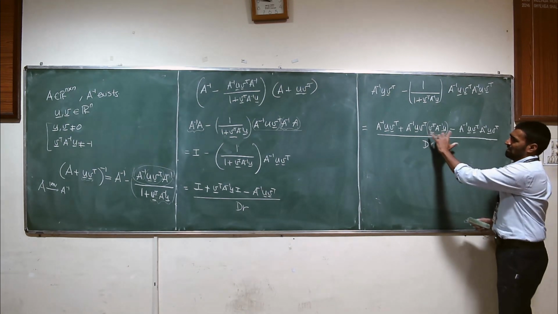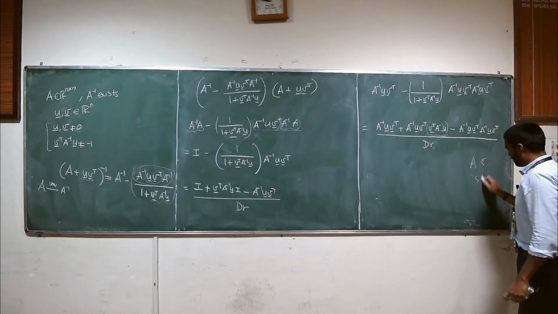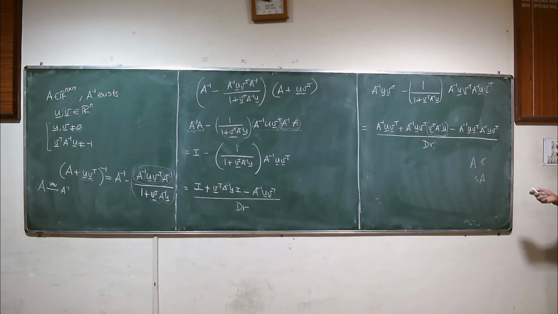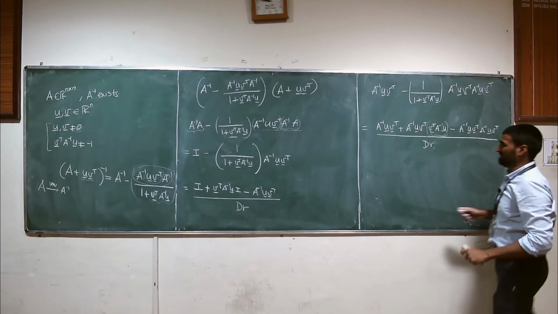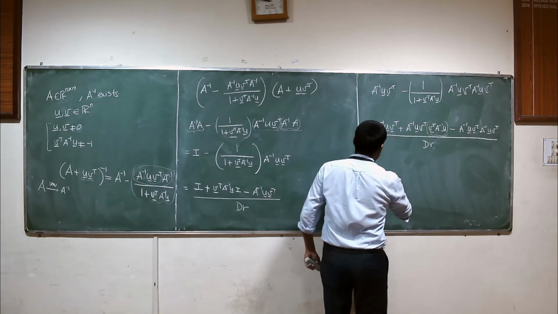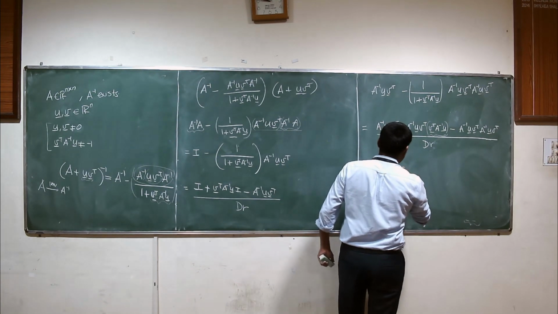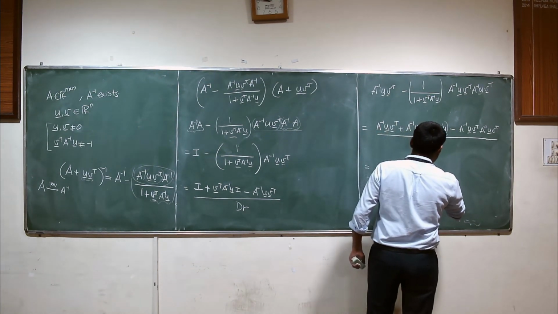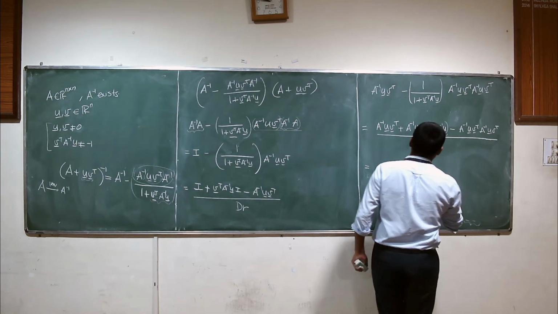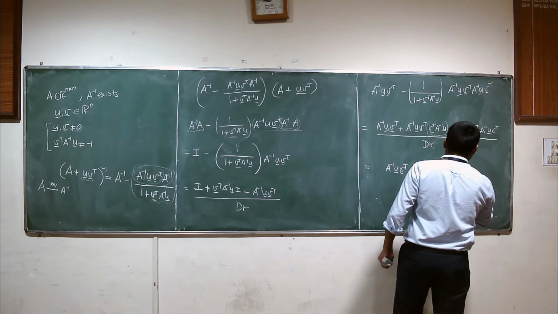That means I can move this to the front. Whether I write A times 5 or 5 times A, it gives me the same matrix. That means I can move it here, right? I get A inverse U V transpose plus V transpose A inverse U A inverse U V transpose.